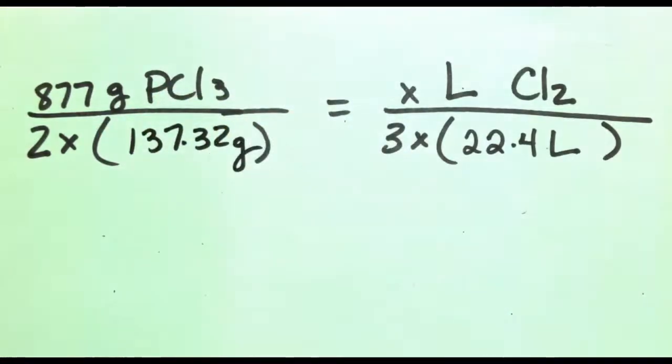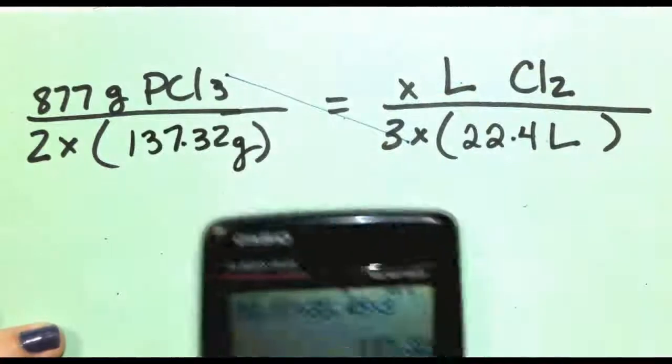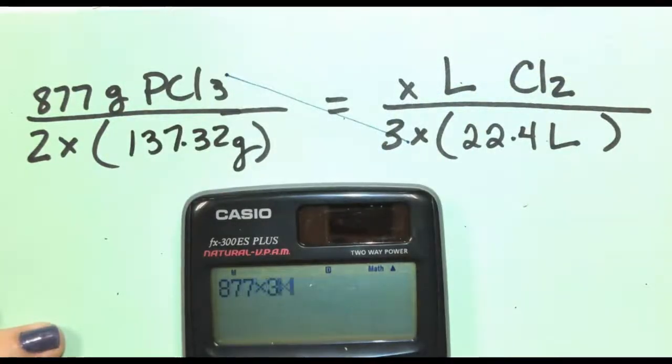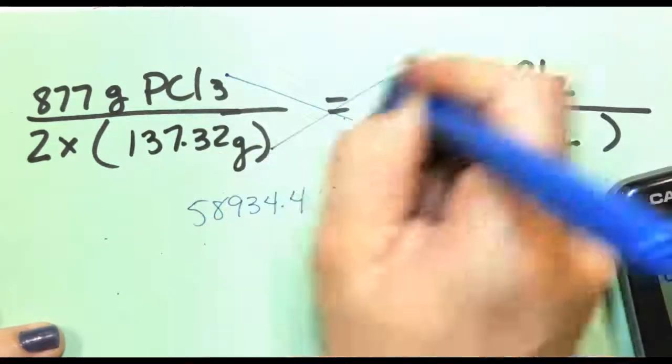Now that we have our proportions set up, we can solve with cross multiplication. So it's going to be here times here. So let's do 877 times 3 times 22.4, and that's going to give us 58934.4 equals, and then it's going to be this times this.